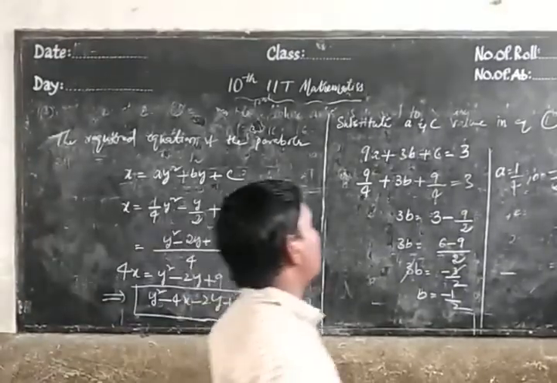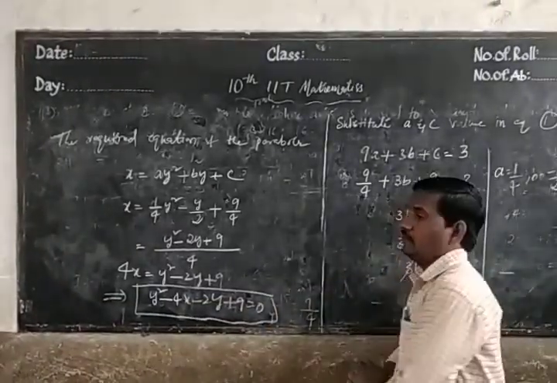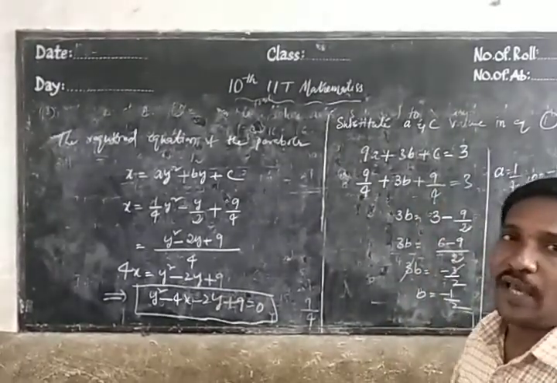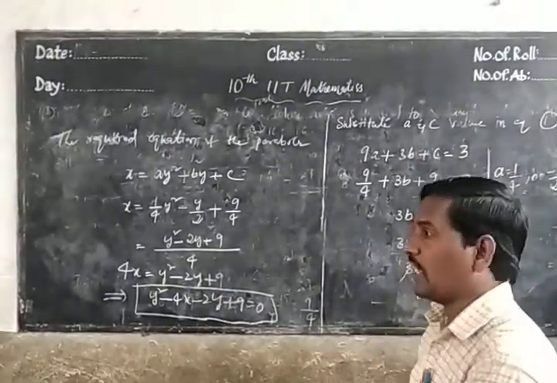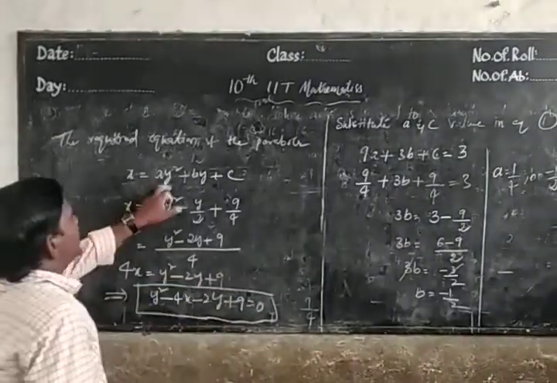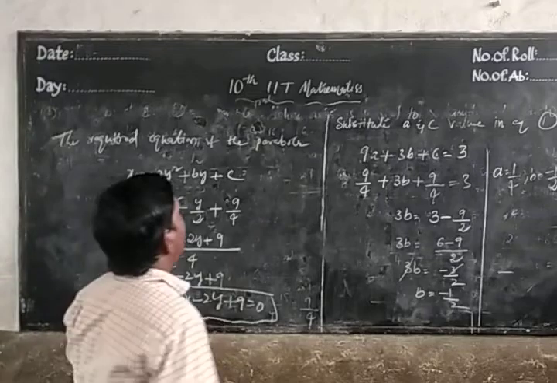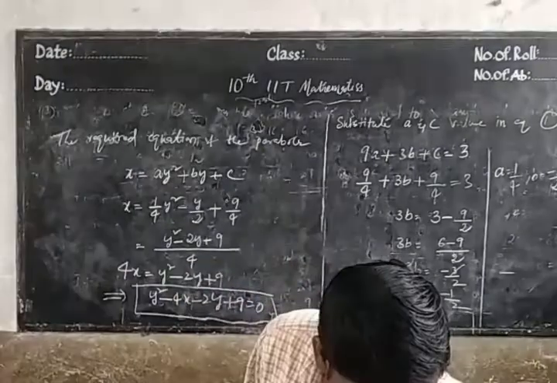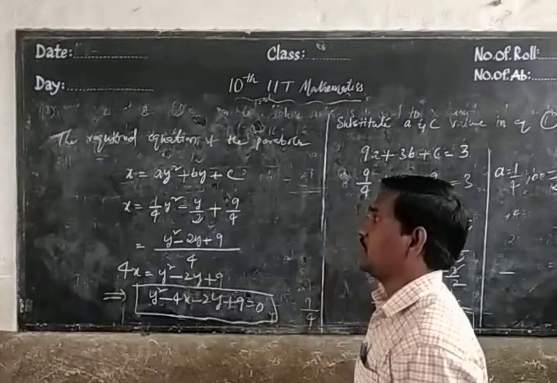Okay. So what we have done in that problem? Since the axis of the parabola is parallel to the y-axis, the equation is x equal to ay square plus by plus c. It passes through the 3 points (3, 3), (6, 5) and (6, minus 3).